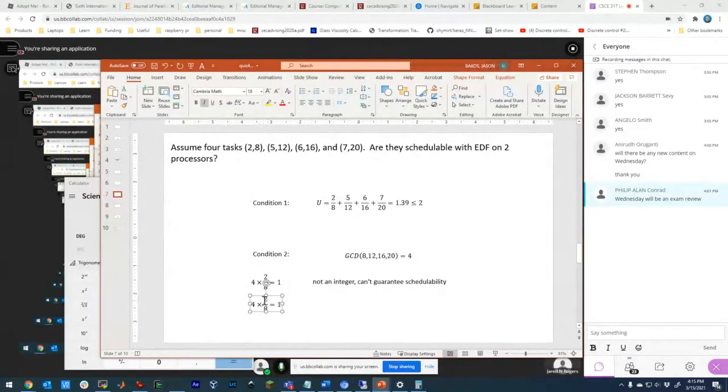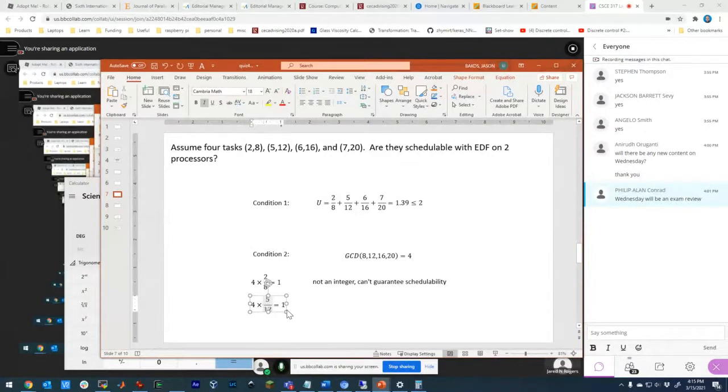And then 4 times 5 twelfths. That's 20 twelfths, so that doesn't work out. 20 twelfths equals 10 sixths, 5 thirds, right?